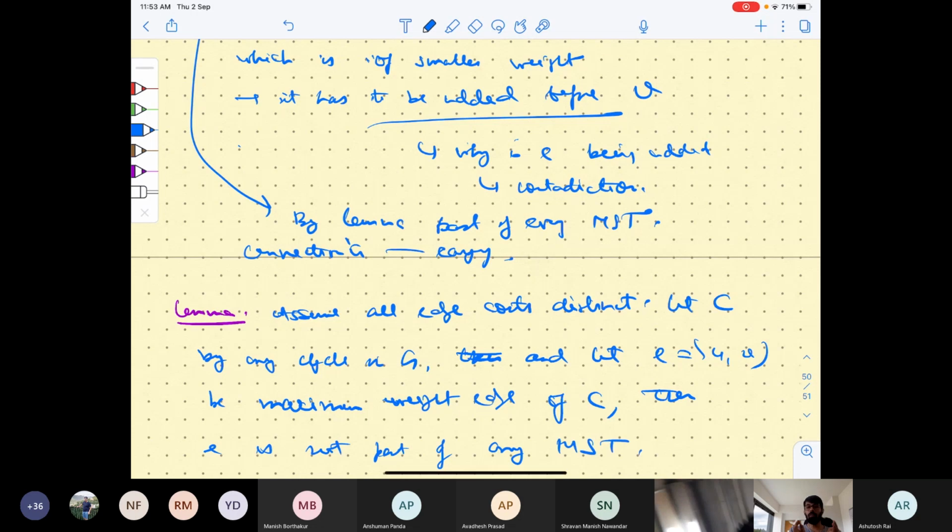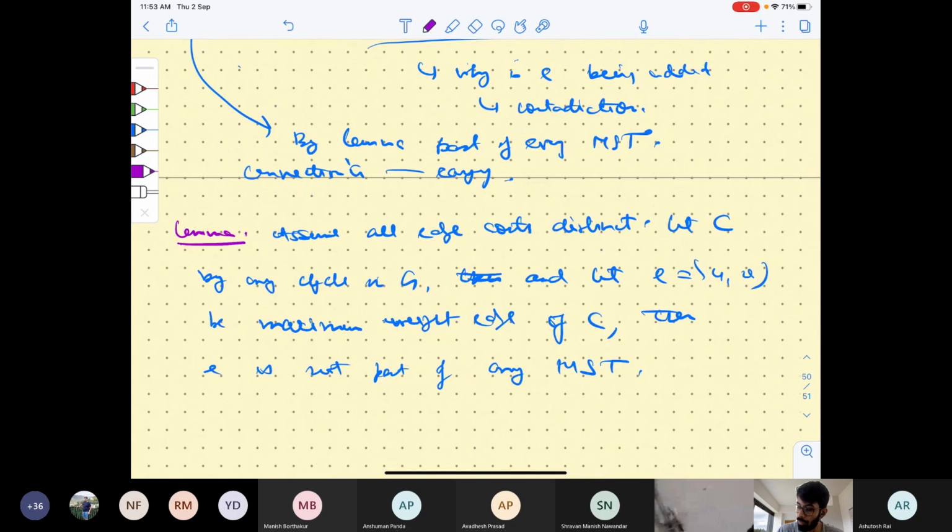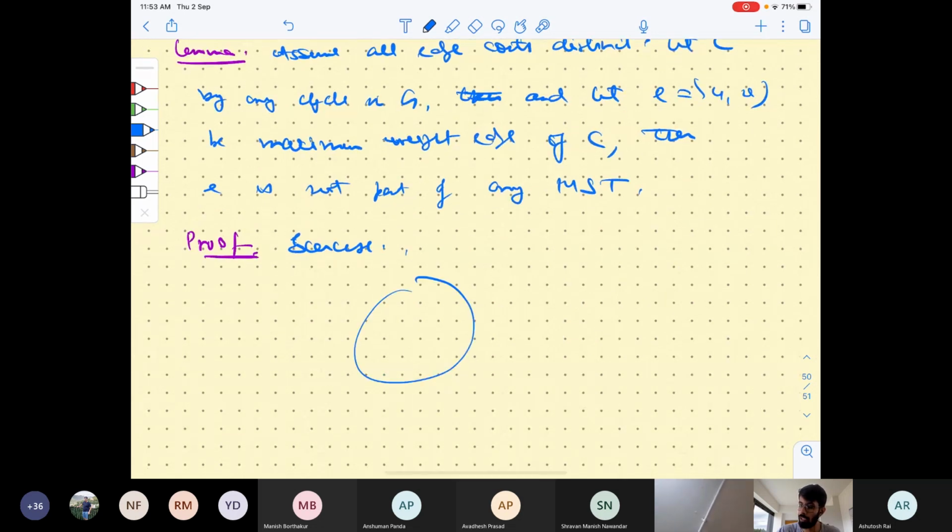So here we are saying that if we have a cycle, look at the heaviest edge, that is not going to be part of any MST. Again, the proof is similar to the line of the previous lemma, but I'm not going to do it. You can try it yourself.